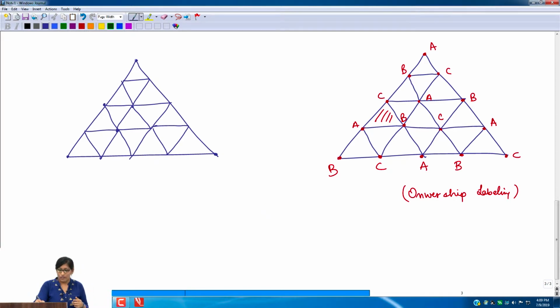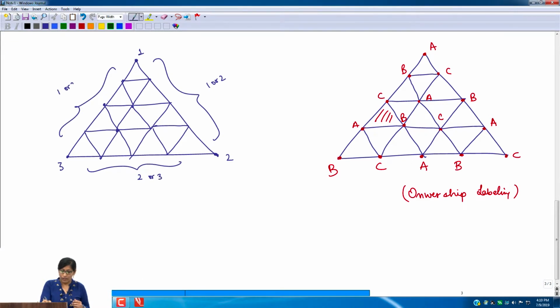Yeah, exactly. So just to recall, what I want is that all three main vertices must get distinct labels, and over here the labels must be 1 or 2. Here it should be 2 or 3, and here it should be 1 or 3.